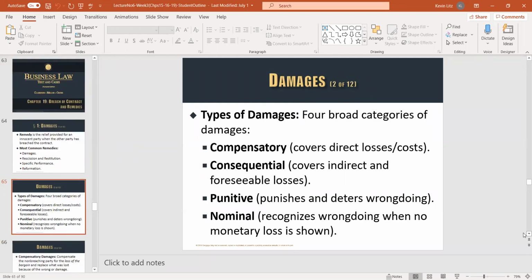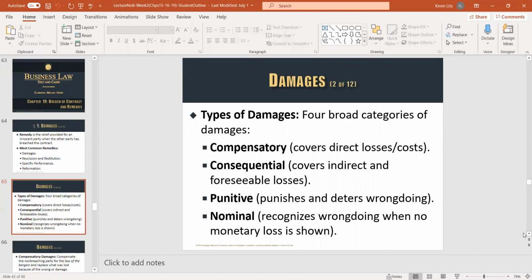There are generally four types of damages in contract law. One is compensatory, and that's, for example, it covers my direct losses. Gee, you were going to sell me your car for $10,000. I was going to sell it for $12,000. I lost $2,000.